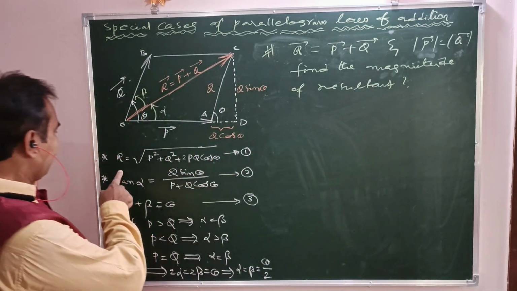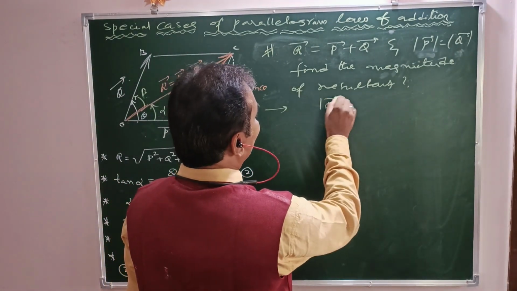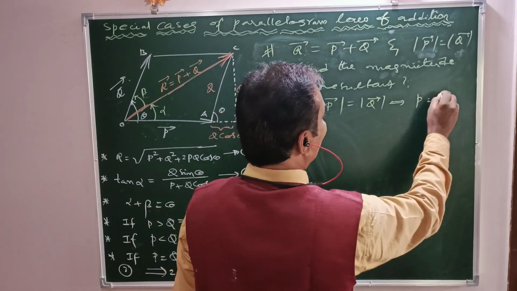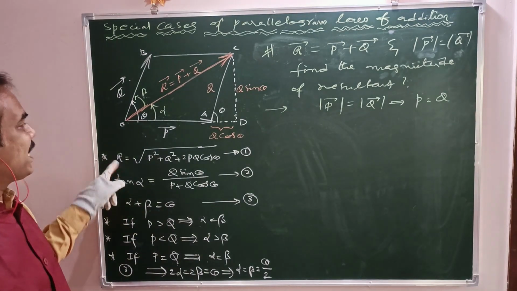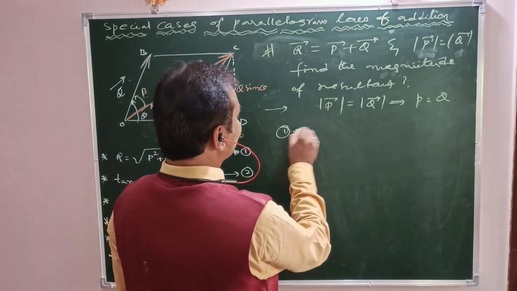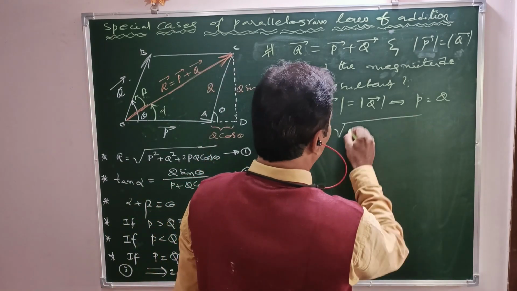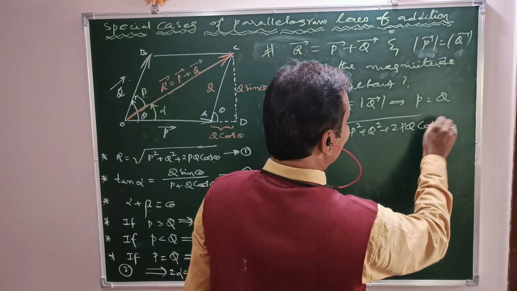Now see, from the data, mod P bar equal to mod Q bar implies P equal to Q. Now from the first expression, R equal to root over P square plus Q square plus 2PQ cos theta.